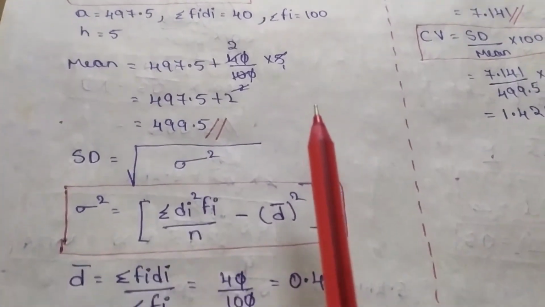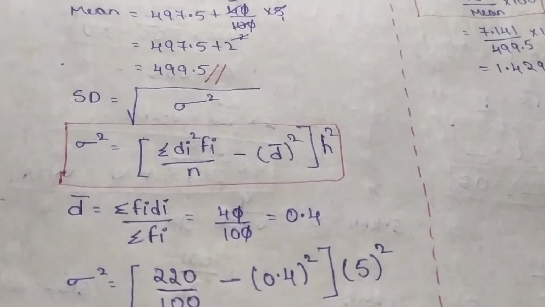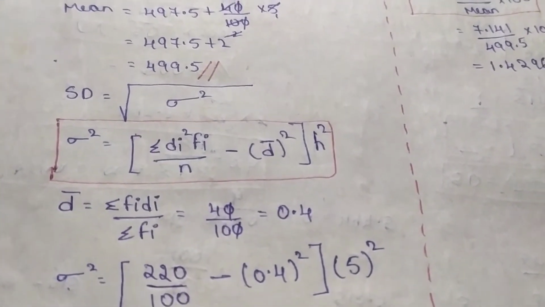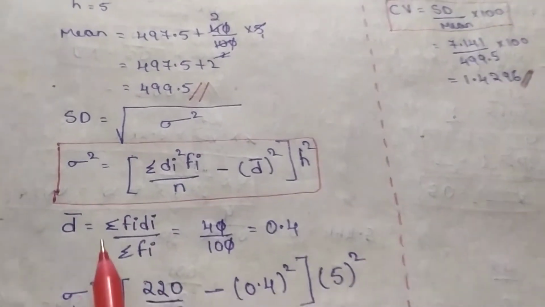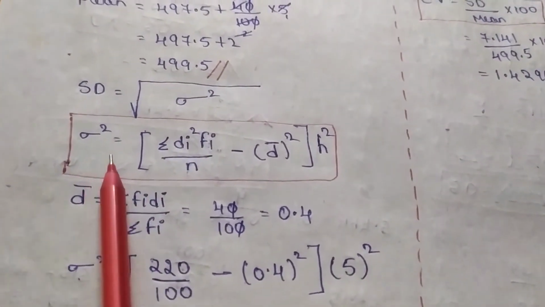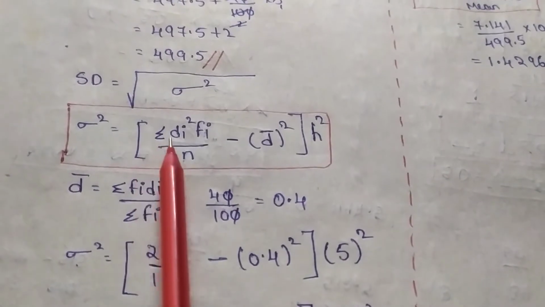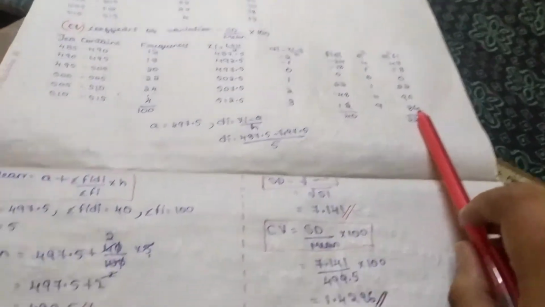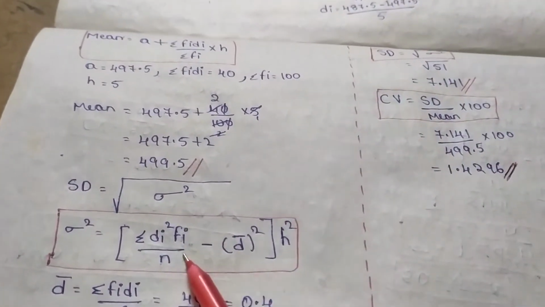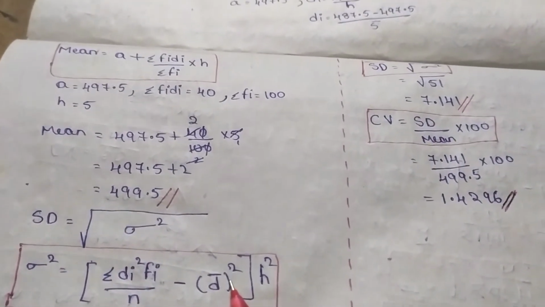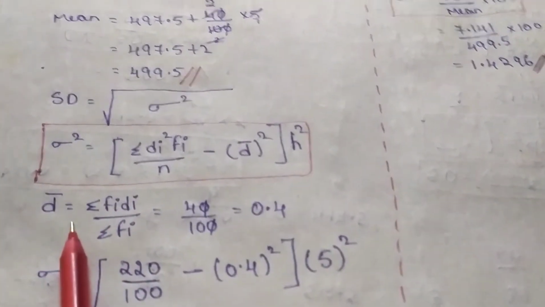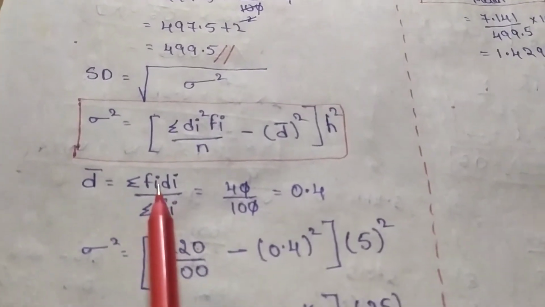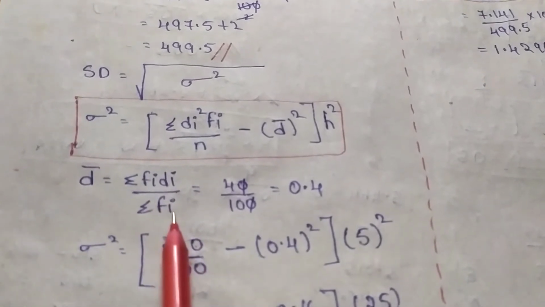Now we have to calculate the SD. Standard deviation means root over sigma square; under the root there will be sigma square, that is the variance. The formula for sigma square is summation of di square fi by n, minus d bar square, into h square. For d bar, the formula is summation of fi di by summation of fi.